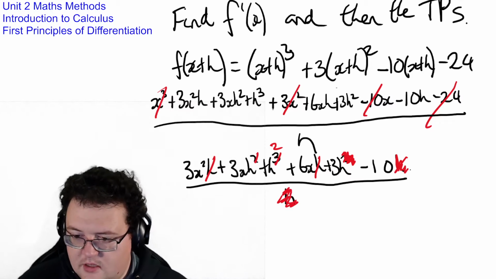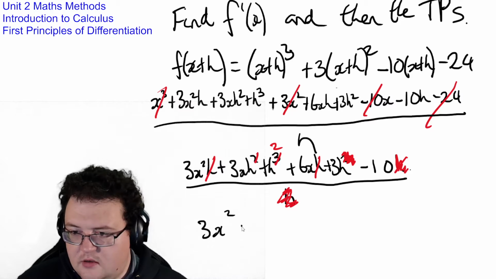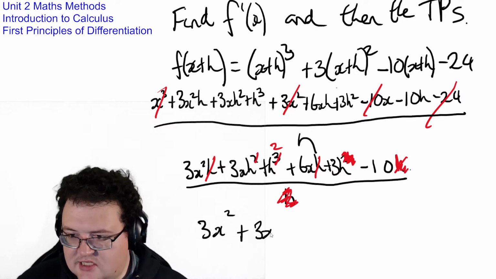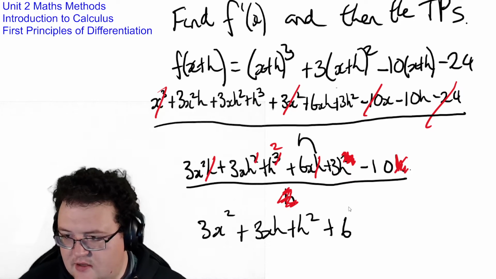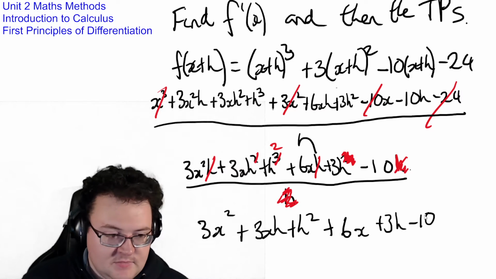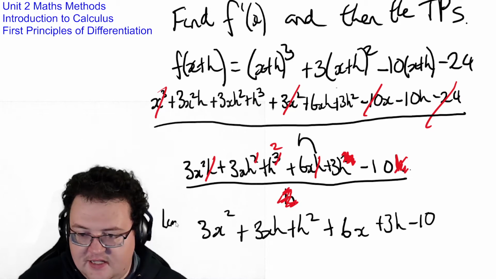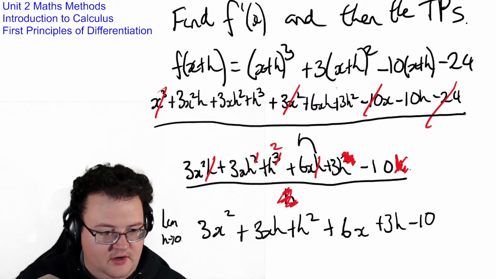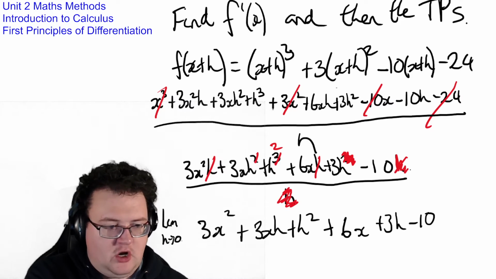And that leaves me with 3x squared plus 3xh plus h squared plus 6x plus 3h minus 10. And this whole time, remember that the limit as h approaches 0 is still down the side. It hasn't gone away, I'm just not writing it all the time.